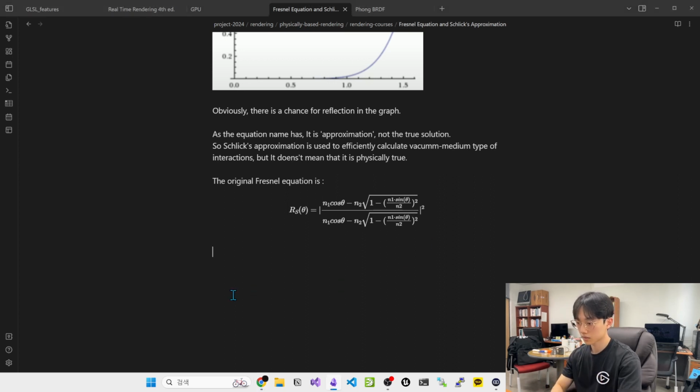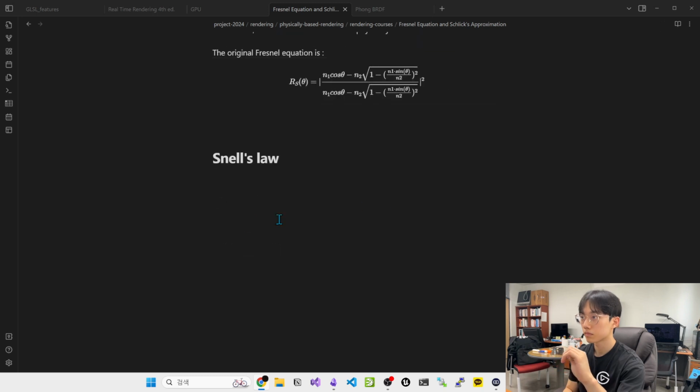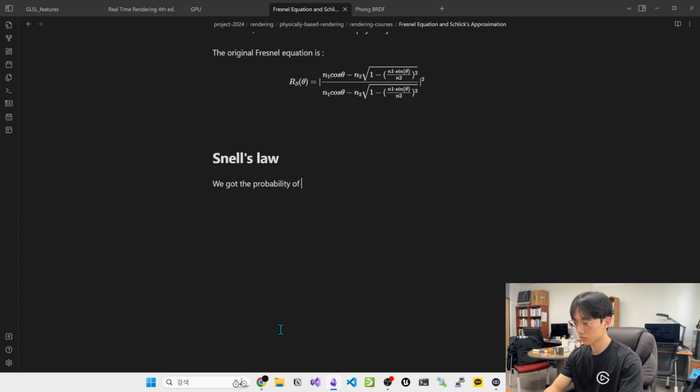Whatever you give me, I can tell you what is the probability that light gets reflected or refracted. I know the probabilities, but I don't know about angles.